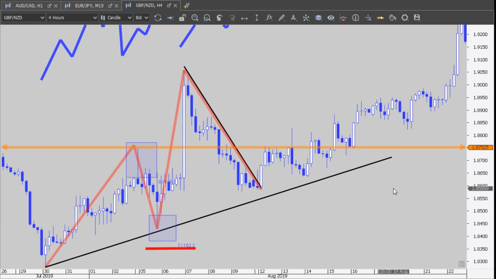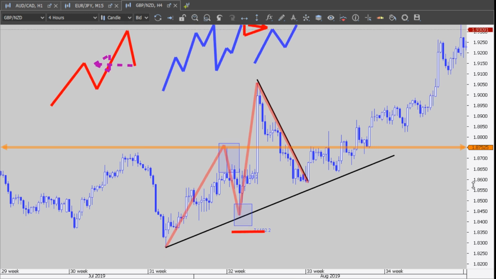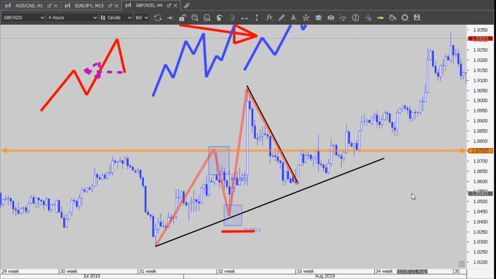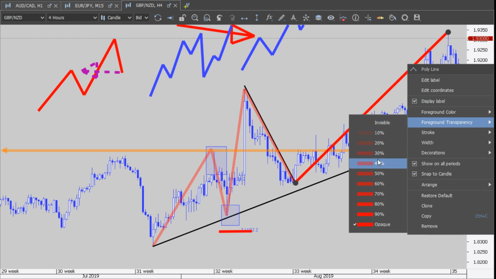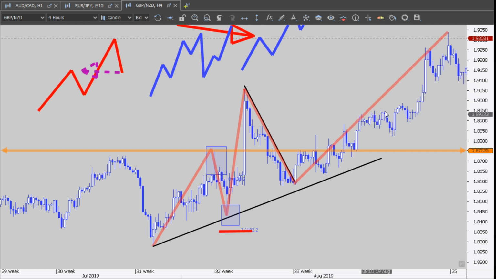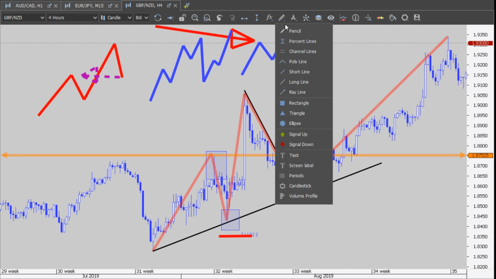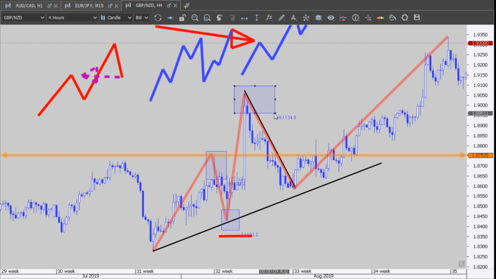The market is moving up, this is the retracement, and the next extension is in here. This is the next extension, and transparency like this. Guess what? I'm expecting the market to reverse.